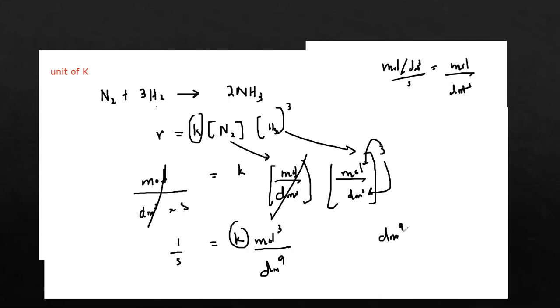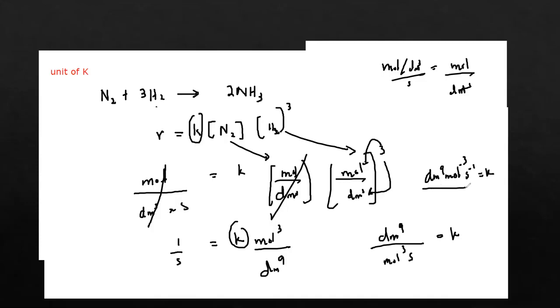Sorry, not dm cube, dm raised to power 9, over mole raised to power 3 and second. That is the unit of k. If I want to write all of them in the numerator, the denominator powers should be negative. So it is dm^9 mol^-3 s^-1.